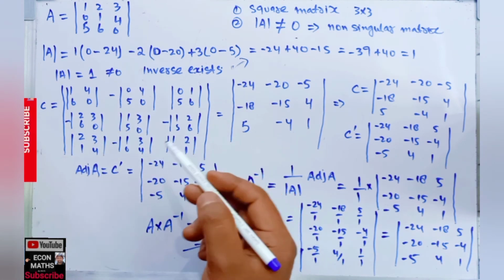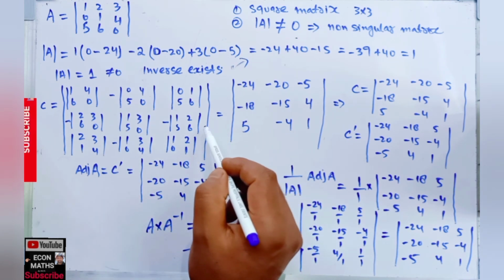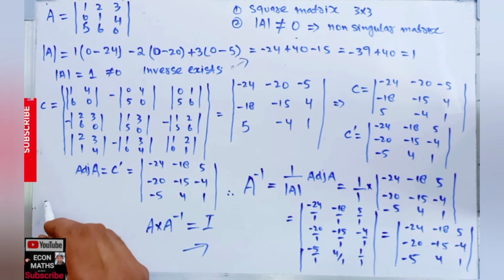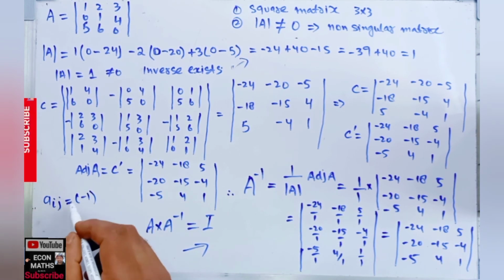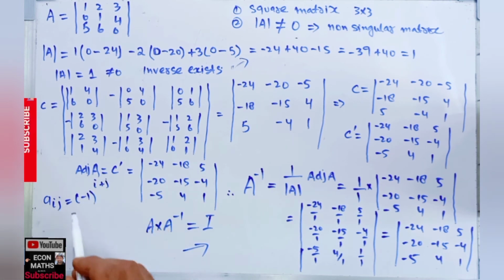Now the rule to find the sign of a cofactor is given by the position of the element, that is a_ij. To see the sign, we add i and j and make it the exponent of minus 1.